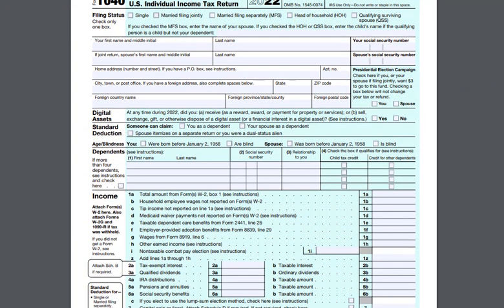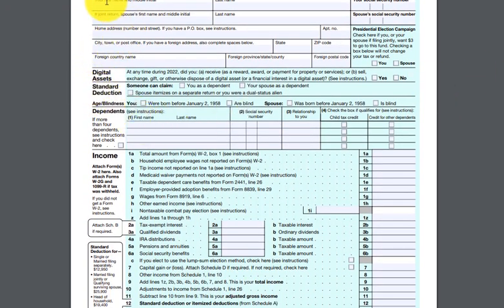Literally, it follows what we just talked about. It gives information about you and your family. Then there's the income, and they have some specifically listed. Add them all up. Then you have a standard deduction or itemized deduction.